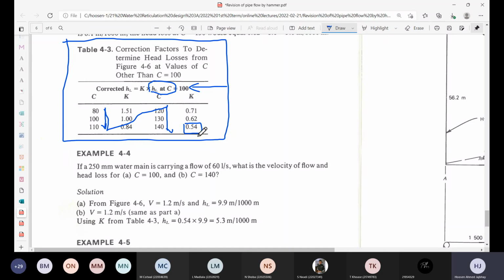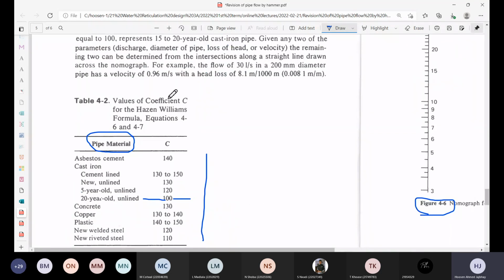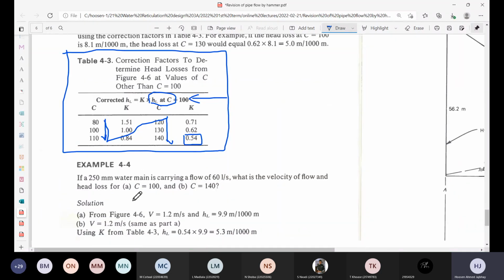That would be the corrected head loss for a coefficient of 140, C equals 140. So that's how you use this table to correct it for the different C values that you would have, the different Hazen-Williams coefficients. Okay, so that's example 4.4.